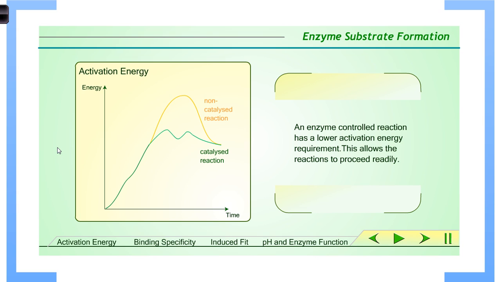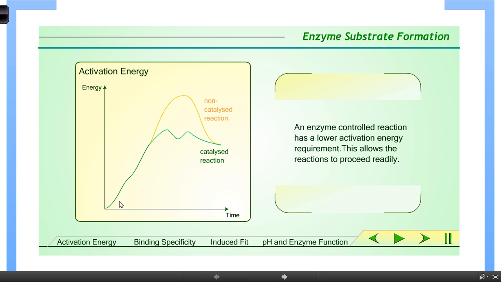And that's essentially what we call activation energy. Activation energy is the minimum energy required for a reaction to occur, and that's going to be different depending on the type of reaction. A lot of reactions won't necessarily occur at room temperature. We might need to heat them slightly or provide some form of energy before the reaction will proceed, because we don't have enough energy to break those initial bonds.